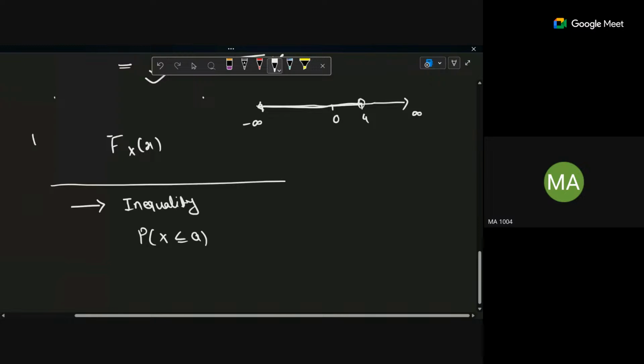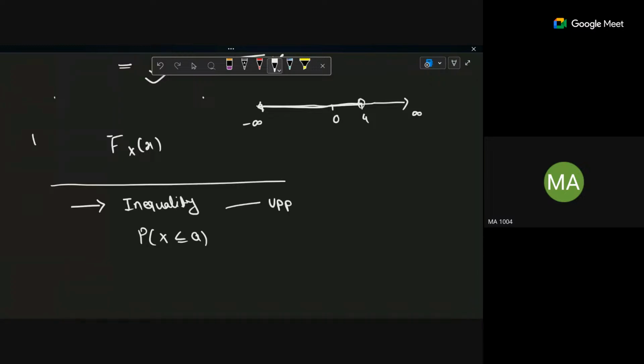Using inequality, we used to approximate the upper bound and lower bound, but not exactly what the probability is.